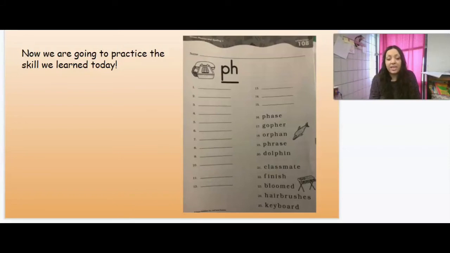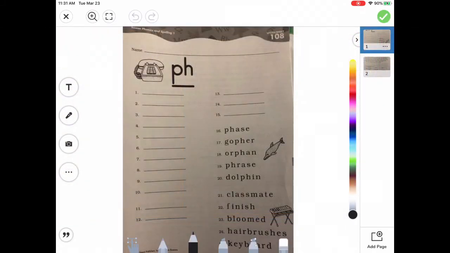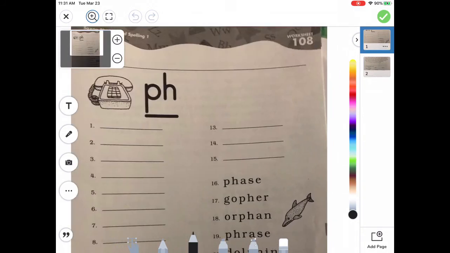All right, friends, we're going to go ahead and start today by trying some spelling sounds at the beginning of our lesson. So let's see, on number 1, we're going to try to make the letter that makes the ch sound. What letters make the ch sound? CH, very good.